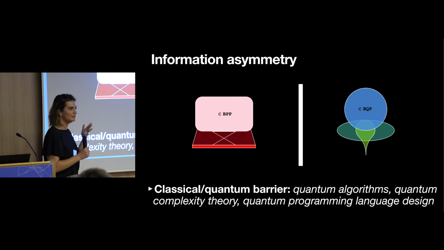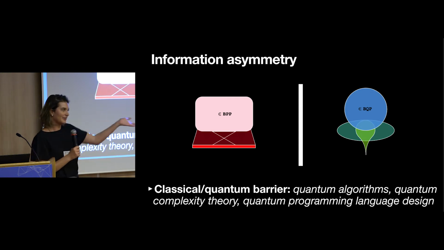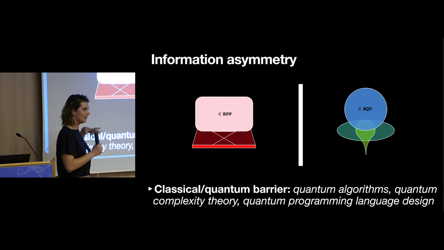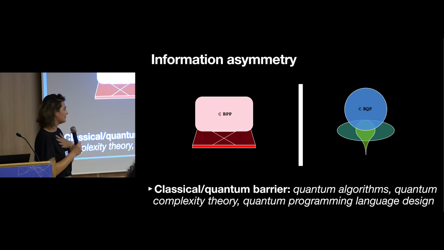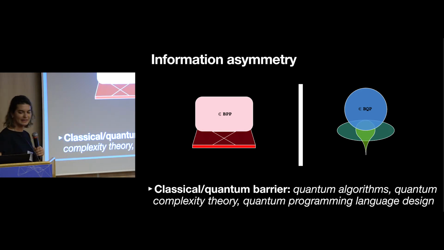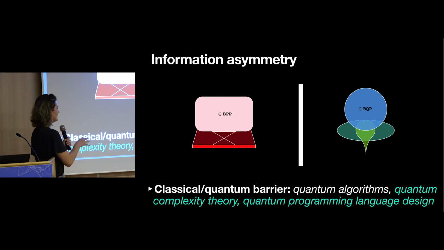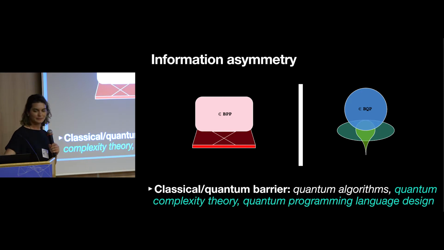So in algorithms, how would I input or take anything out from my quantum computer if the state space is exponentially larger and if it's in BQP and I'm just a BPP machine? In complexity theory and quantum programming language design, we're going to focus on these two categories today and see why the classical quantum barrier there is really difficult to deal with.